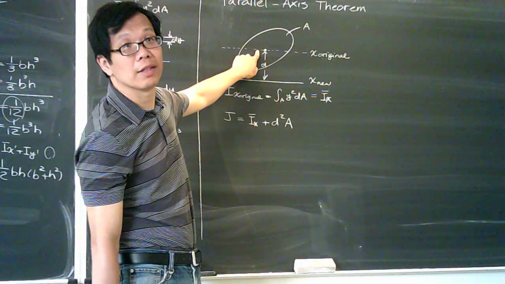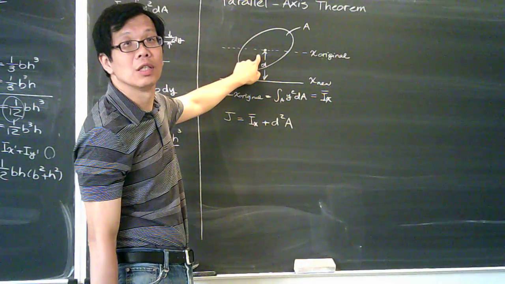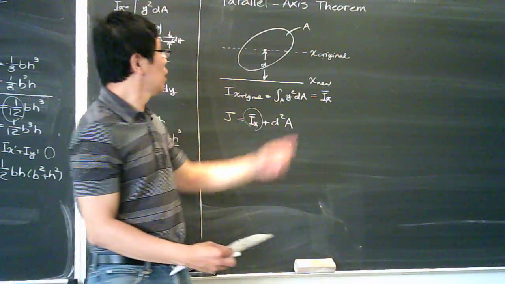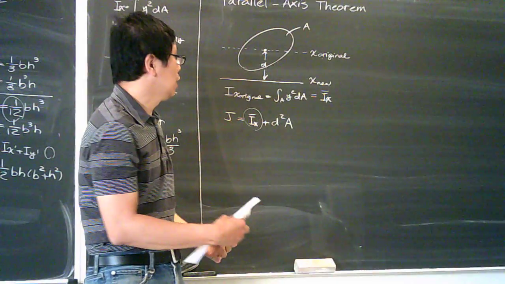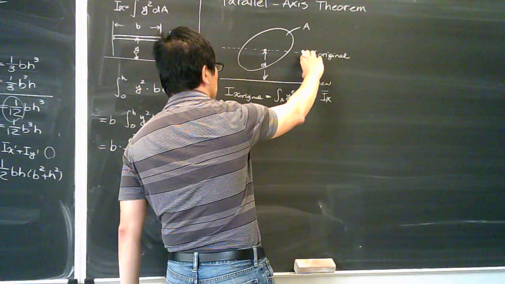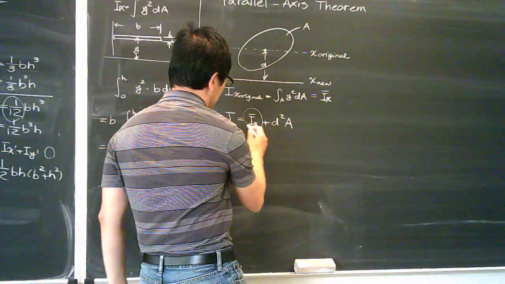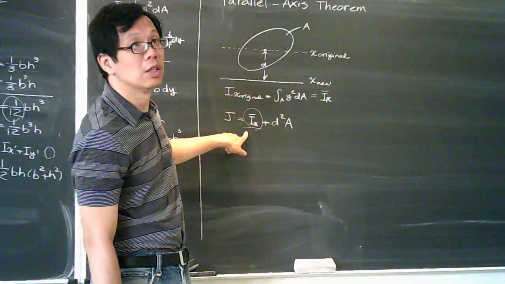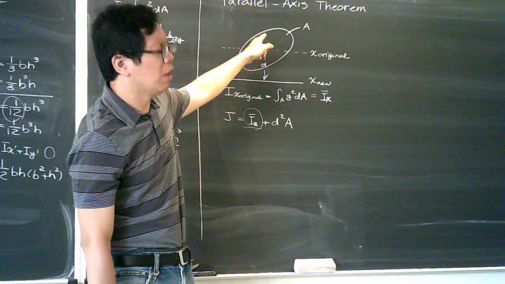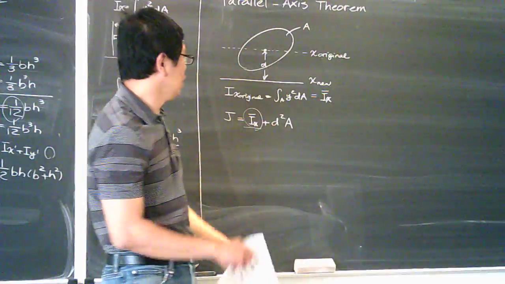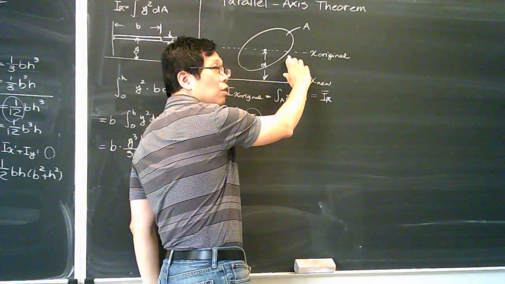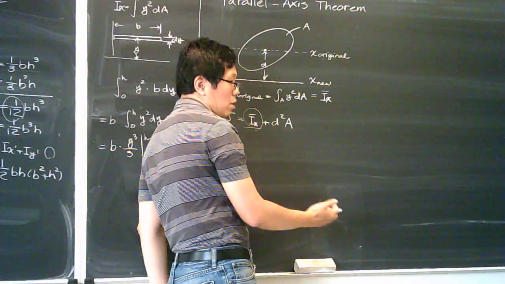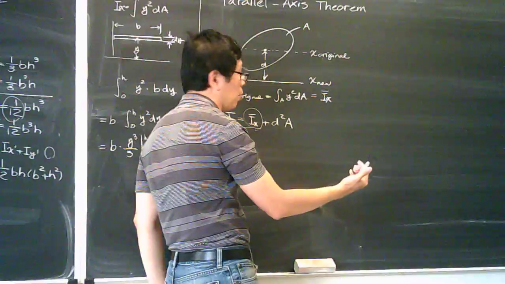At its gravity center, or its centroid, right? So if you know its original moment of inertia around its centroid, and you move the axis a certain distance away, you just keep your original moment of inertia about its centroid, plus the distance you moved squared multiplied by the area, or mass, or whatever you want to calculate for the property.